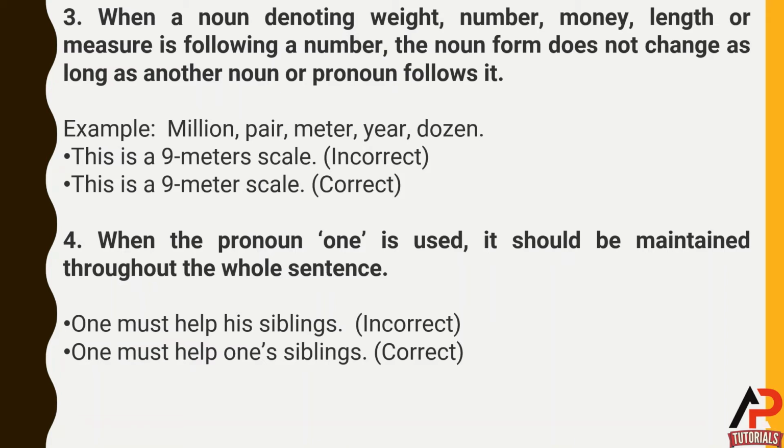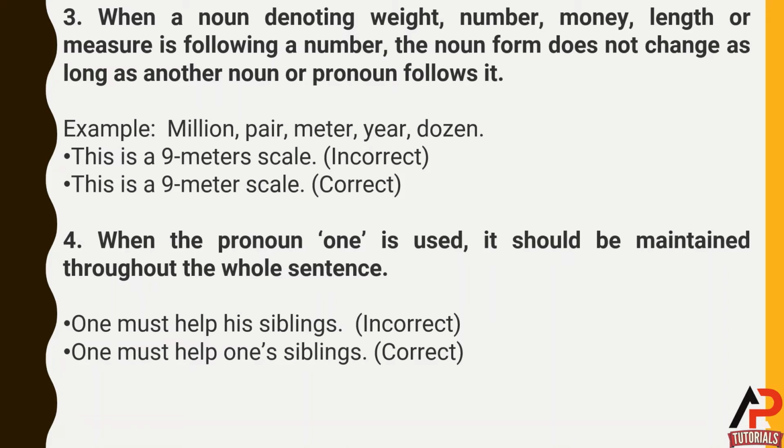So it means that whenever the noun we are talking about is denoting weight, number, money, length or measure, the noun form will not change until and unless another noun or pronoun follows it. That means if it is a singular form, it will not change to the plural form until and unless a noun or pronoun follows it, and the same for the plural noun.